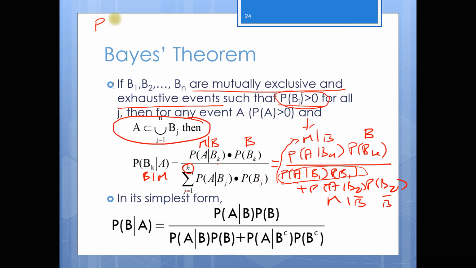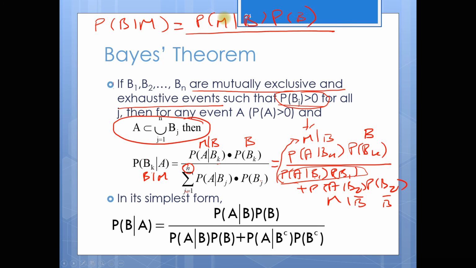So the probability of bk, which is b given m, which is a is m, is equal to, according to the formula here, A is m, so m given, what is bk? Bk is b. So the formula says that this is what I need to write. Divide by the sum over j equal to 1. So probability of m given b1 times probability of b1.